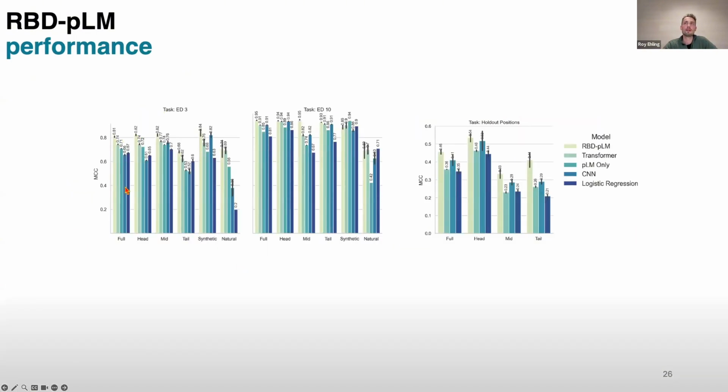So the bright green bars are our PLM. It performs basically across the board a lot better than any of the individual components, as well as the CNN that was used before. So most of the values here are MCC above 0.7, which in the field I think is considered pretty respectable.